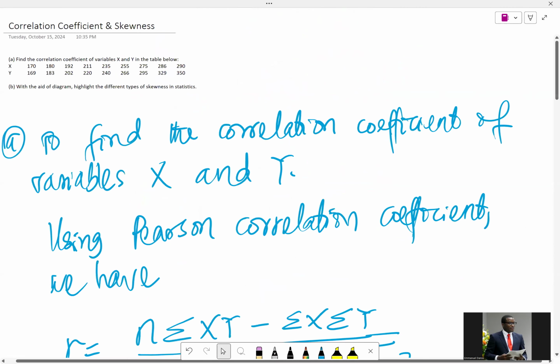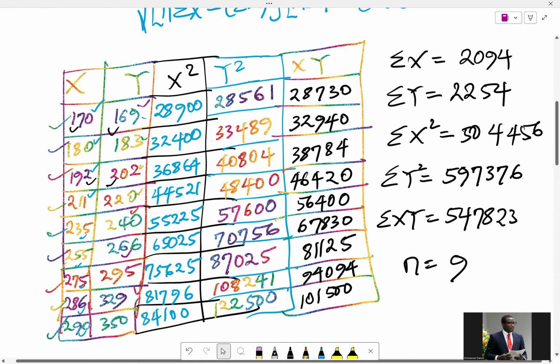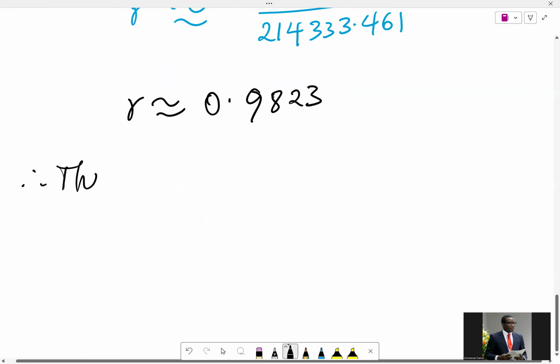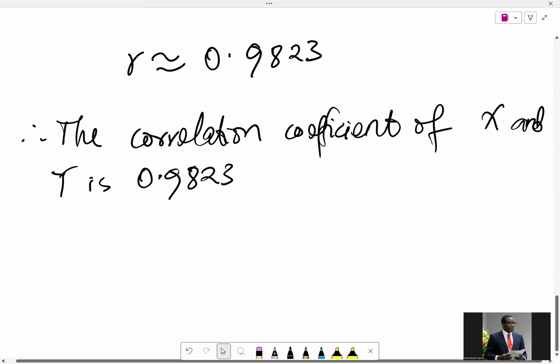Such a big deal. So that's the correlation coefficient. We can say, therefore, the correlation coefficient of X and Y is 0.9823. Okay. We want to go the extra mile.